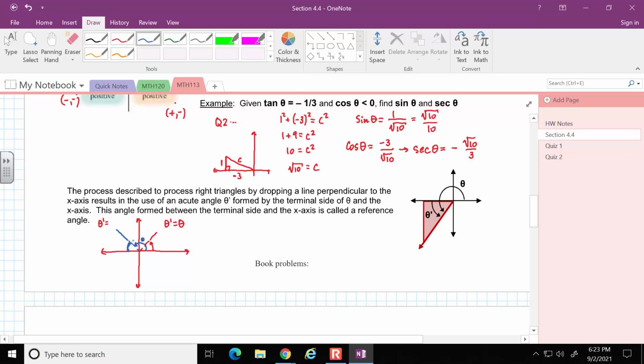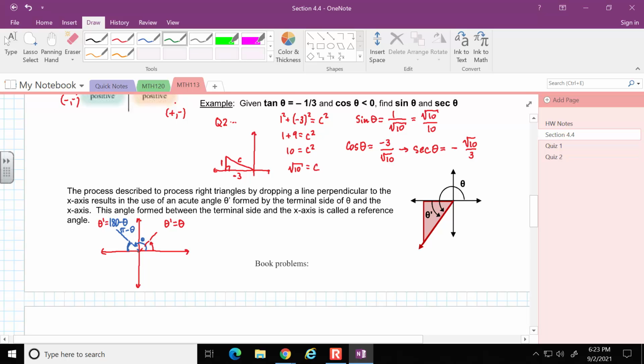So in quadrant 2, theta prime is the same as 180 minus whatever the given angle is in that standard position. Or, another way of thinking of it is pi minus theta, depending on whether it's radians or degrees. So I can find my reference angle in there by just taking 180 and subtracting out the given angle, or pi and subtracting out the given angle.